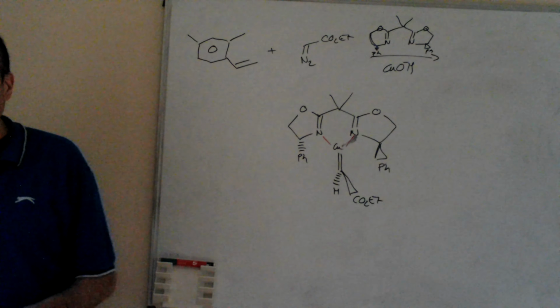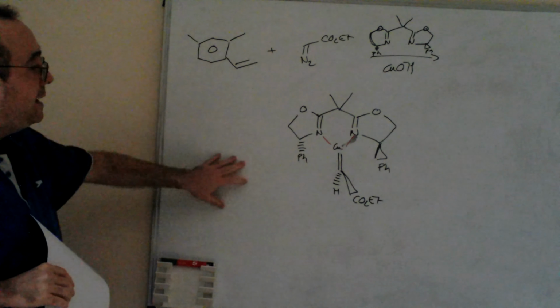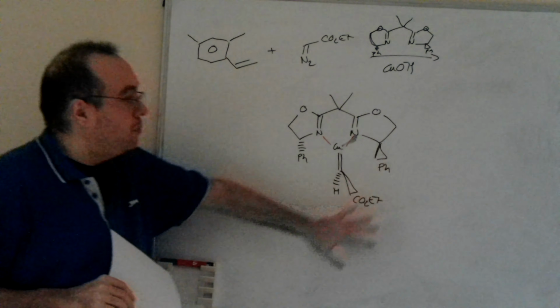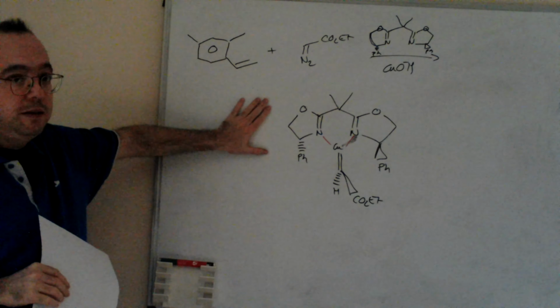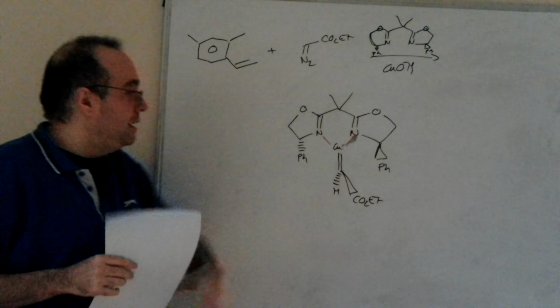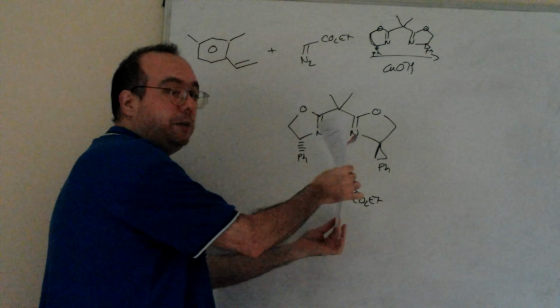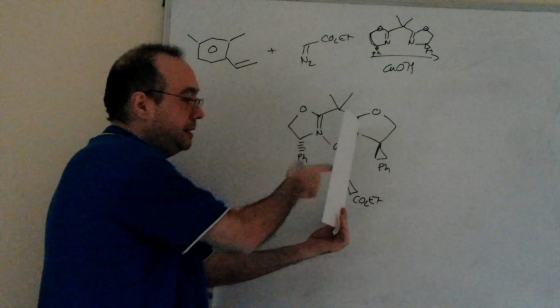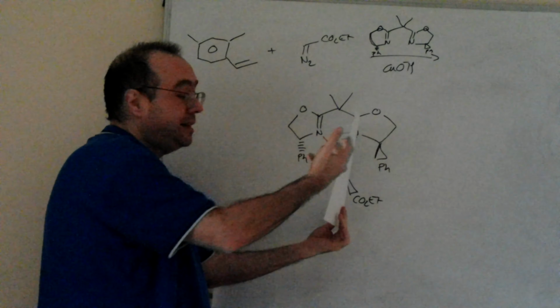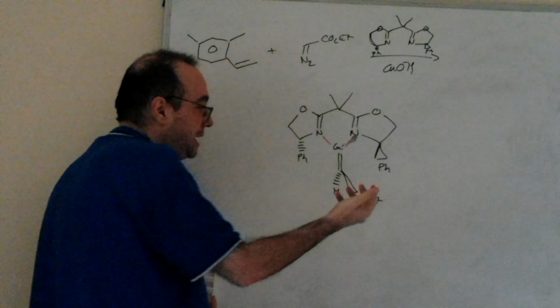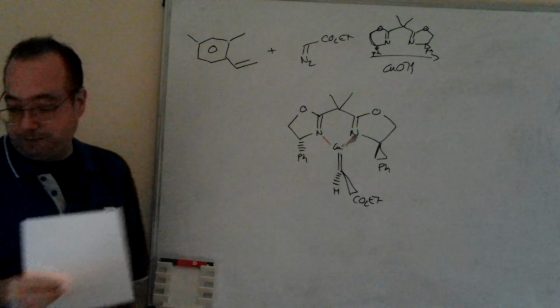Remember that in this case, in the plane of the whiteboard, we have the bisoxazoline, and the carbene is perpendicular to the bisoxazoline. That means the ester is coming in our direction and the hydrogen is coming inside.